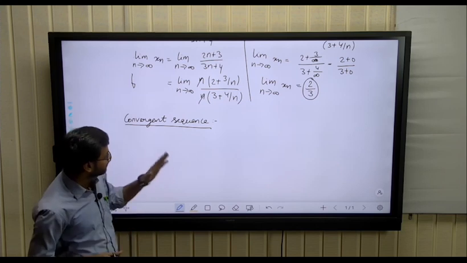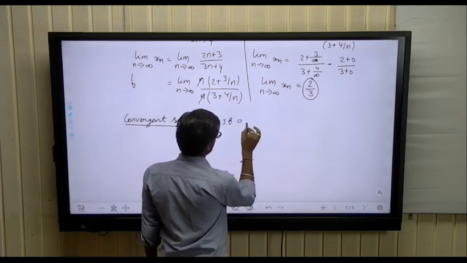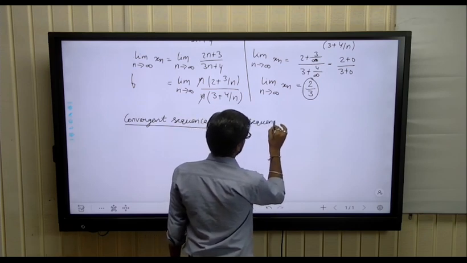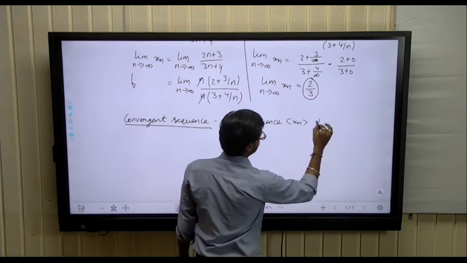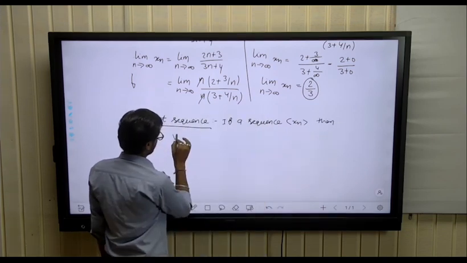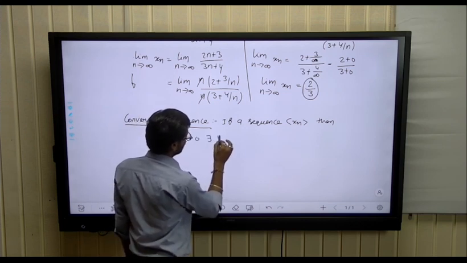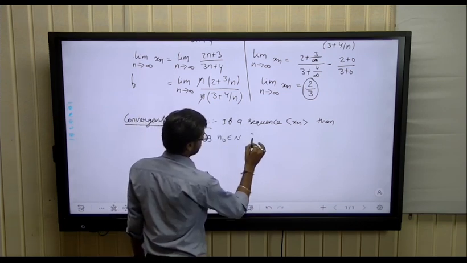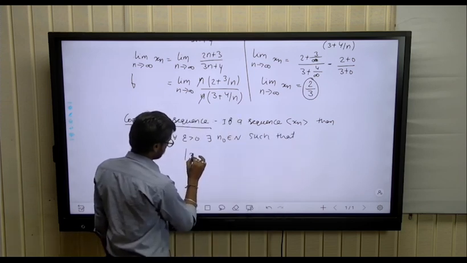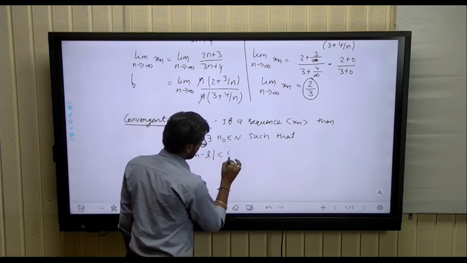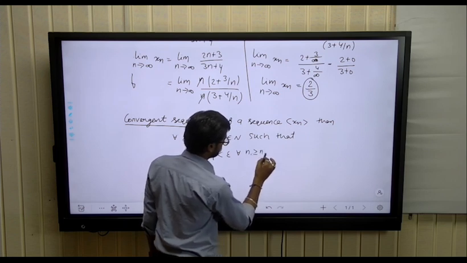The mathematical definition is, if a sequence xn, then for all epsilon greater than 0 there exists n naught belonging to N such that mod xn minus L is less than epsilon for n greater than or equal to n naught.